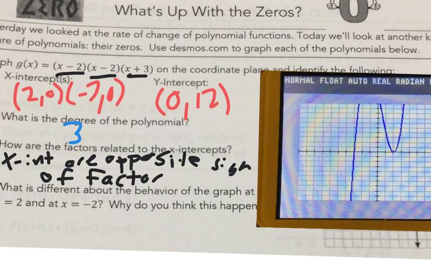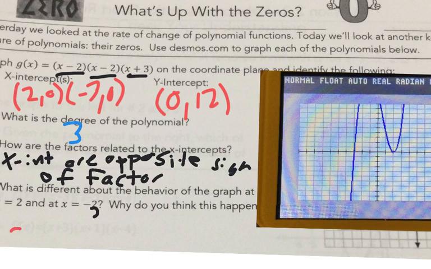So I think they wrote that question wrong. I think it should say, what is different about the behavior of the graph at x equals 2 and x equals -3? So let's fix that to say -3. And I've kind of already stolen that question. Right? So they're really looking at the 2 x-intercepts. So what's different at the 2 x-intercepts?